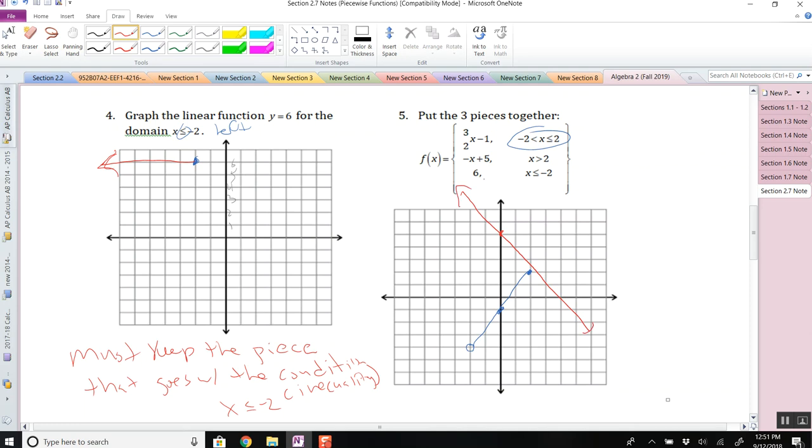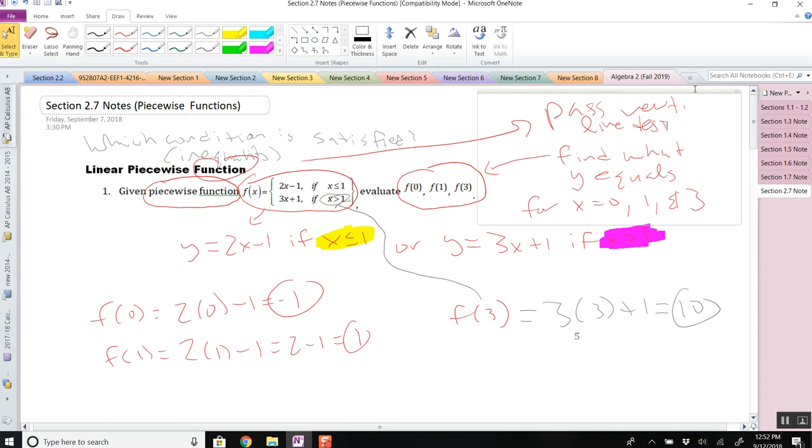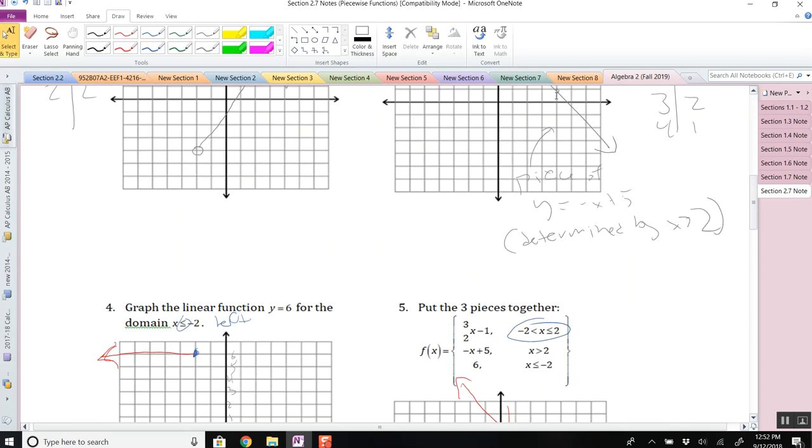I can't leave it like this because this would fail the vertical line test. Remember, we are dealing with functions. The final result must pass the vertical line test. If it doesn't, then you did something wrong. It's very important. We must pass the vertical line test.